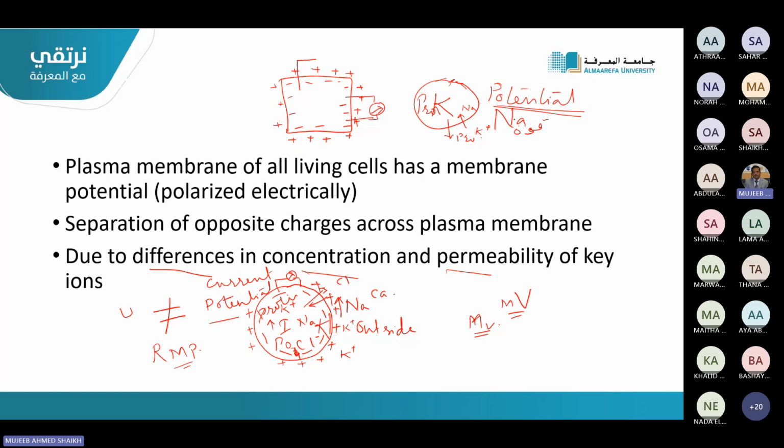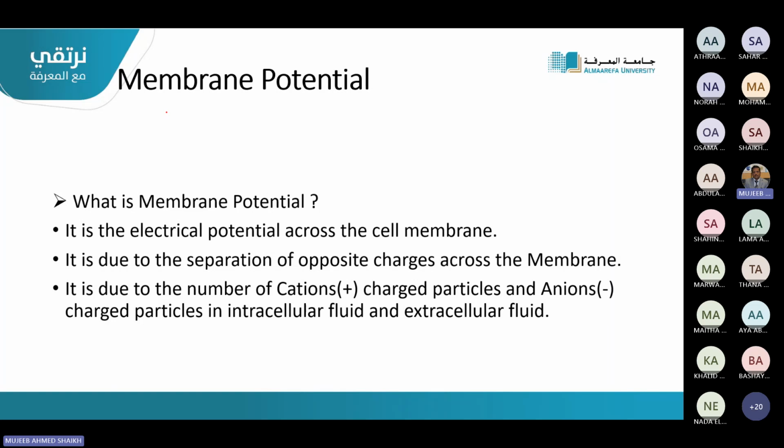Resting membrane potential. How much is the quantity? What is the quantity of resting membrane potential? Is it 1 millivolt, 2 millivolts, 3 millivolts, something like that? It is about minus 90 millivolts in most of the cells, except minus 70 millivolts in neurons.